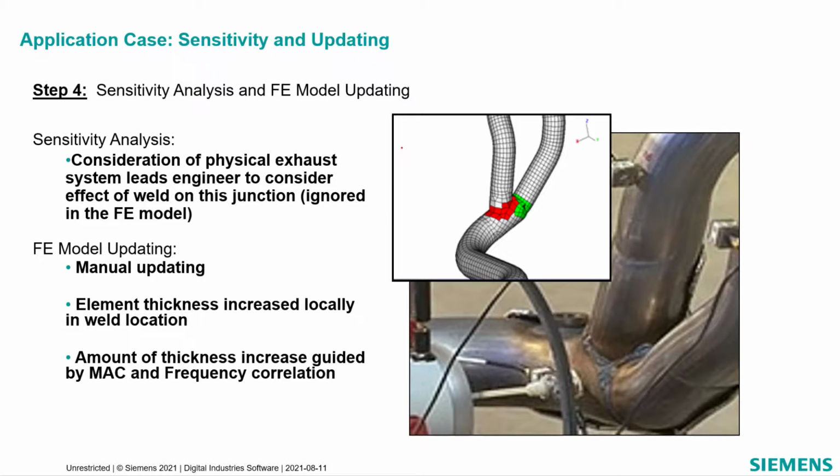And if I go and look at that Y pipe, I might see something like this. Hey, there's a weld here that I did not have in my original simulation model. Do you see this big weld? Yep. If I used CAD geometry to create the FE model for my exhaust, why might there not be a weld in it?